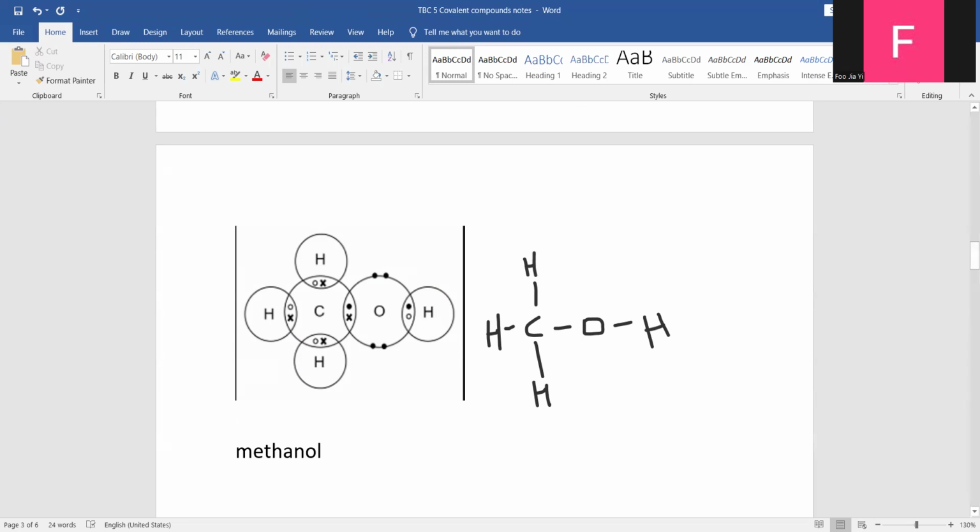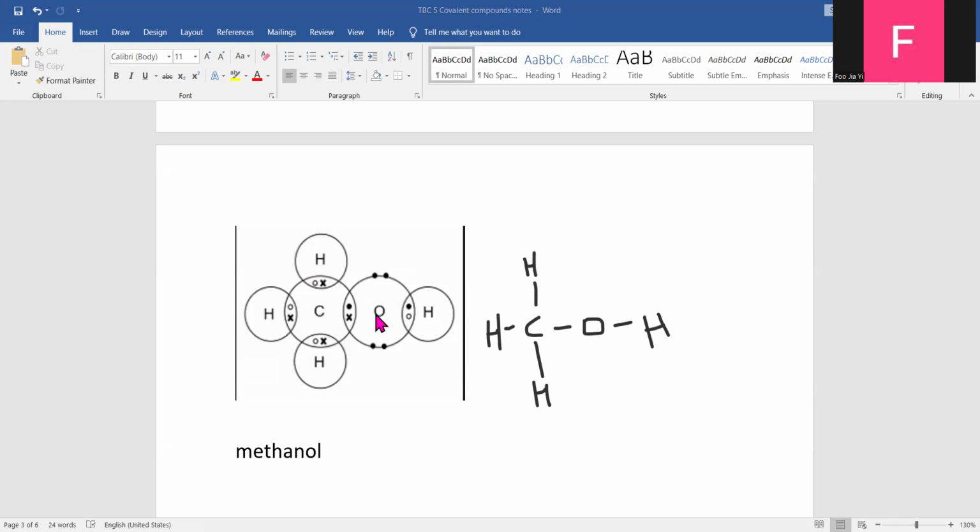Jia Yi, do you understand? Why are some black dots and white? Oh, okay. The different elements, yeah. So the white dot here is hydrogen.